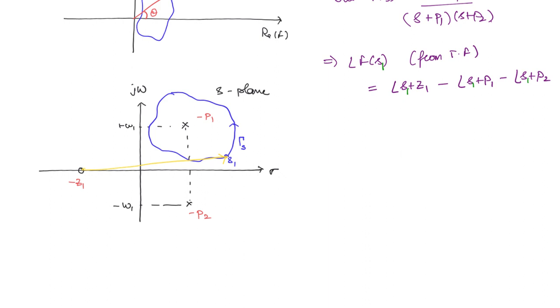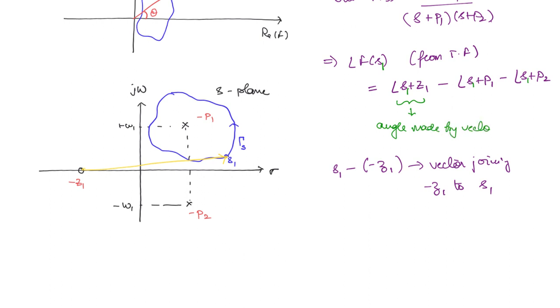So that means s plus z1 that we have here is nothing but the angle made by vector s1 plus z1. So this angle is angle s1 plus z1.